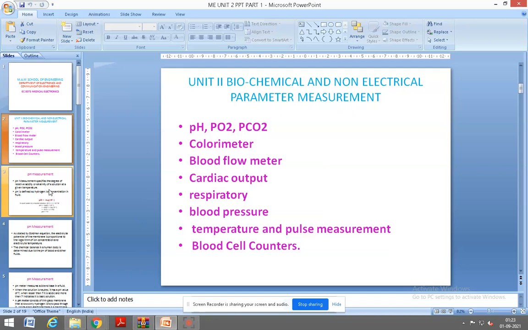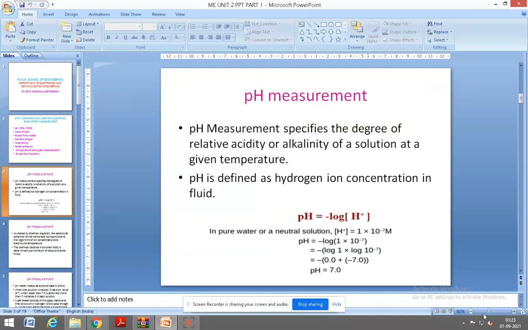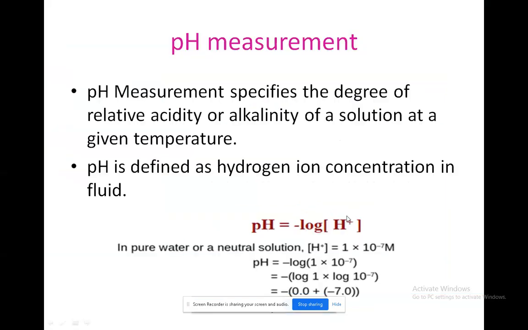What is pH measurement? Any one of you? Any idea? I think you have learned it in chemistry. pH. What is pH?